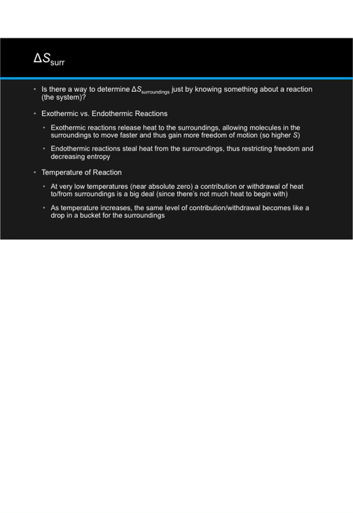If that's the case, then molecules in surroundings, once receiving heat, can increase their average kinetic energy and gain more freedom of motion, so achieve a higher entropy. Whereas endothermic reactions steal heat from surroundings and thus restrict freedom or decrease disorder and therefore entropy in the surroundings.